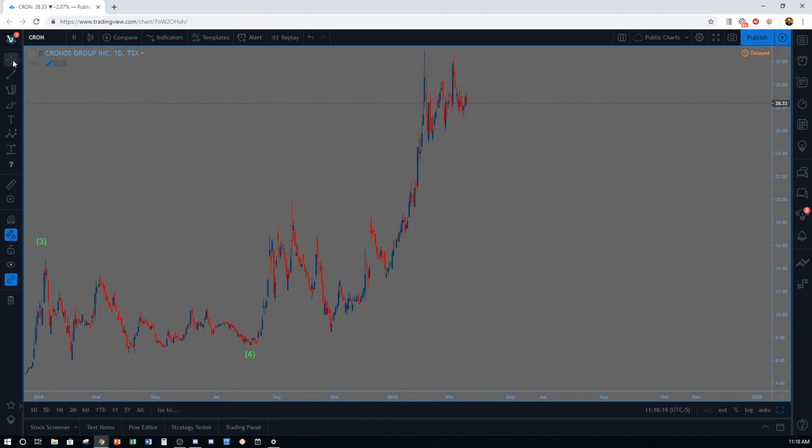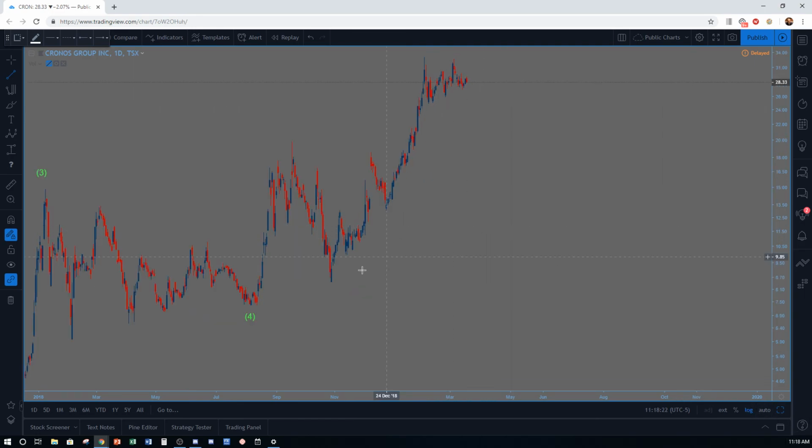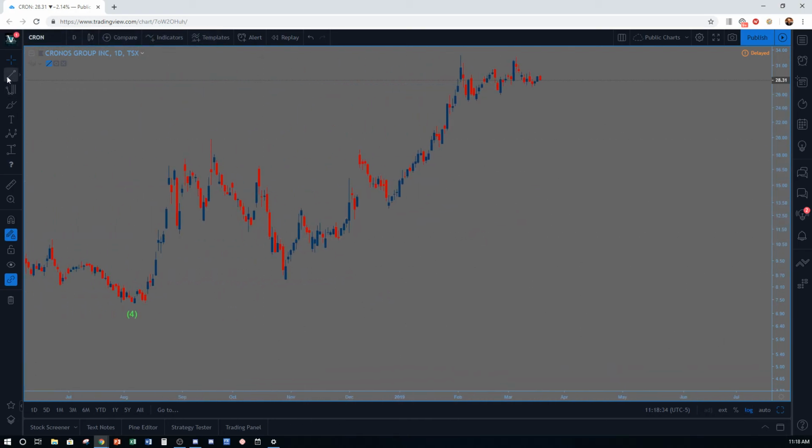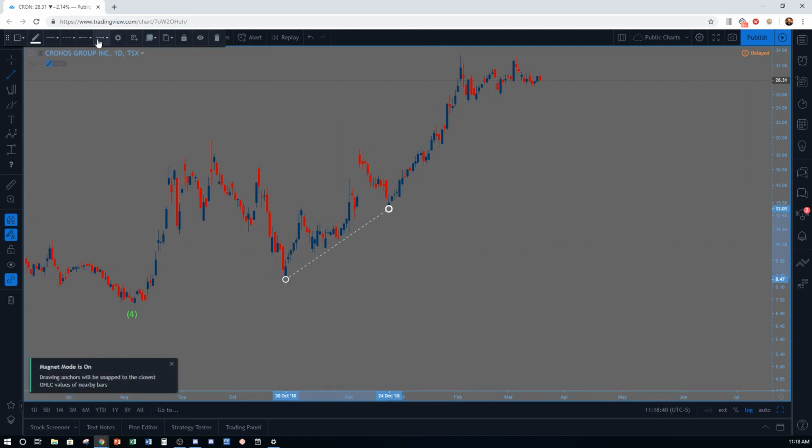On low time frames, let's go back to logs to look at this real quick. Doesn't matter. Log, linear, we're holding either way. Let me do this, and then I'm just going to extend it to the right.